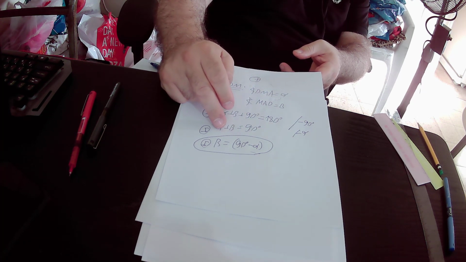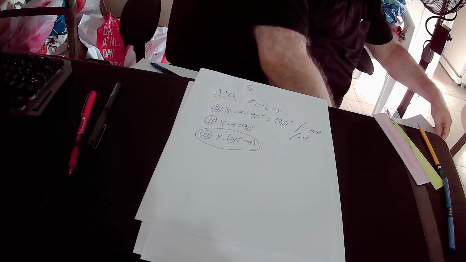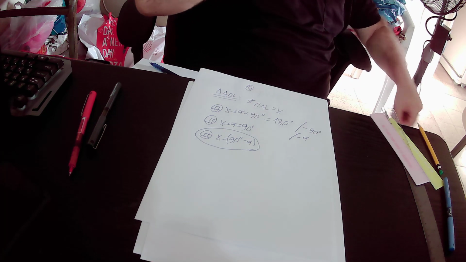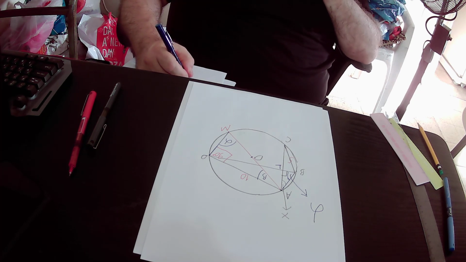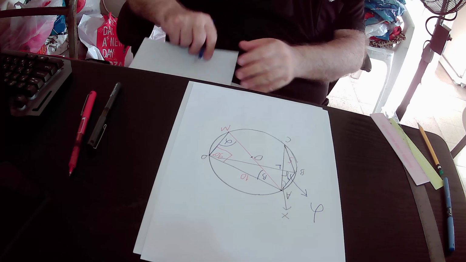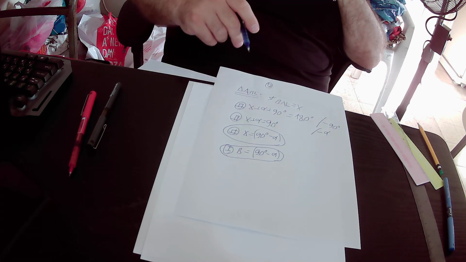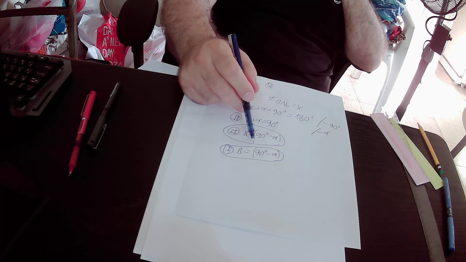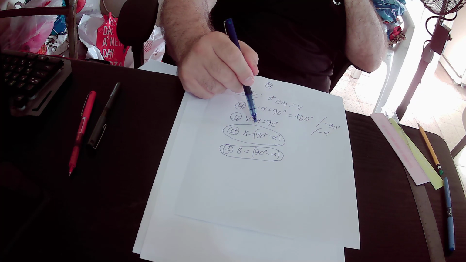I write it down: according to equation number 1, beta equals 90 degrees minus alpha, and equation number 2 states that x equals 90 degrees minus alpha.